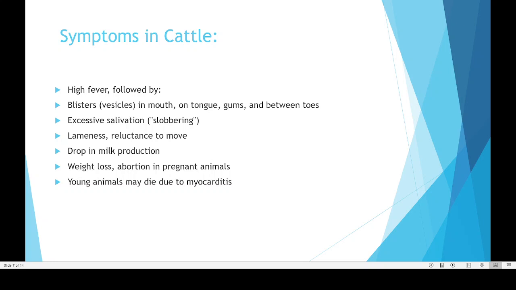Then a drop in milk production, another indication, loss of weight, or abortion in pregnant animals. Young animals may die due to myocarditis, a kind of heart attack-like situation. These are some of the major symptoms affecting the animal.